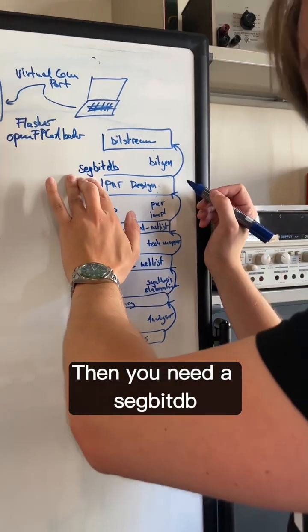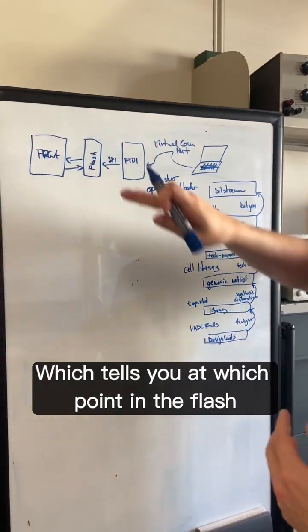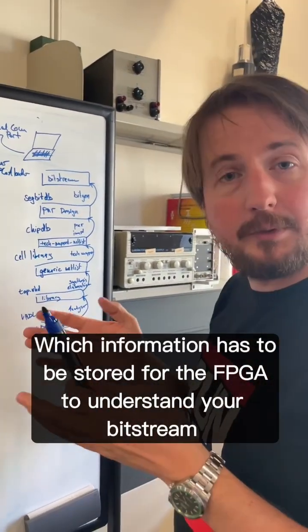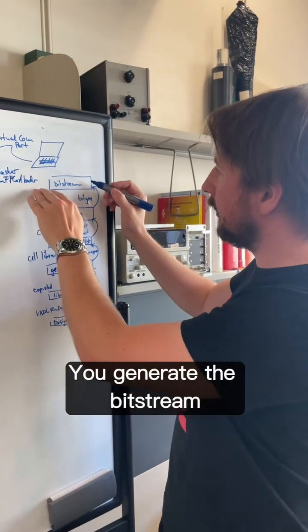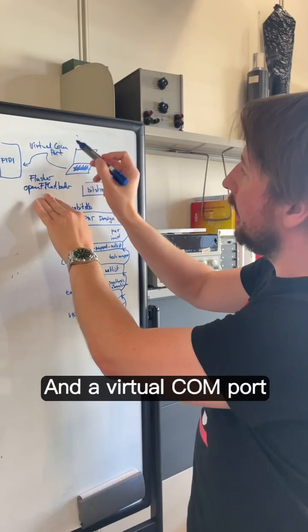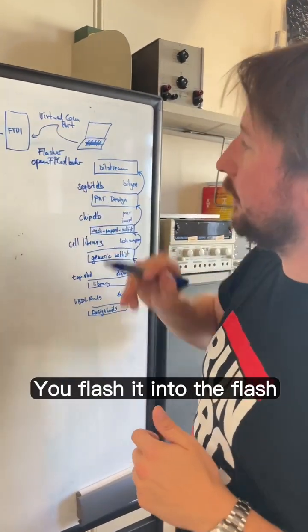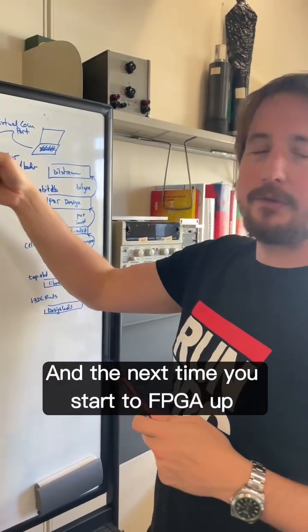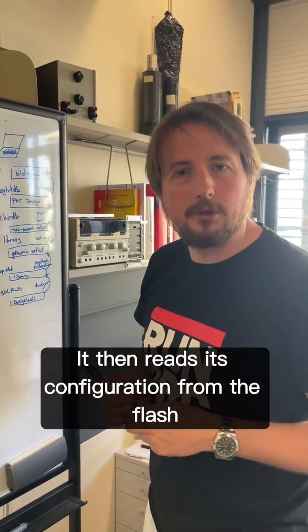Then you need a seqbit DB, which tells you at which point in the flash which information has to be stored for the FPGA to understand your bitstream. You generate the bitstream, and then you take a flasher or loader program and a virtual COM port via an FTDI chip. You flash it into the flash, and the next time you start the FPGA up, it reads its configuration from the flash.